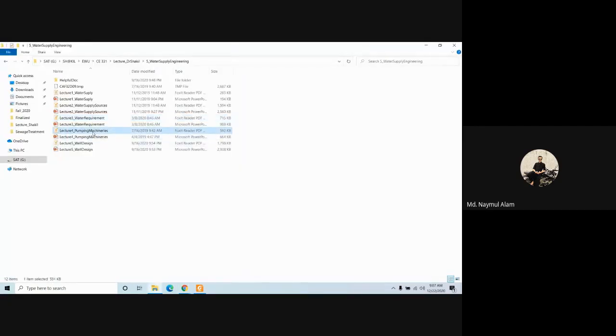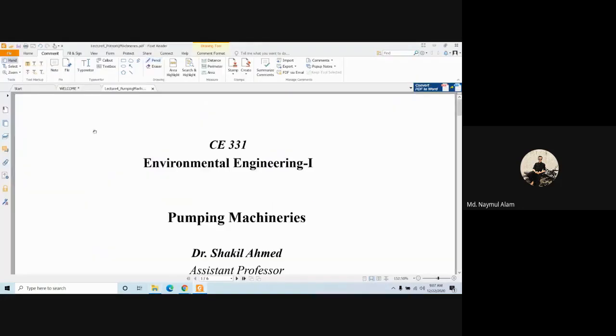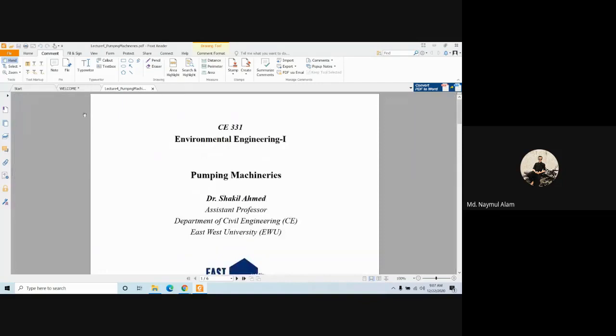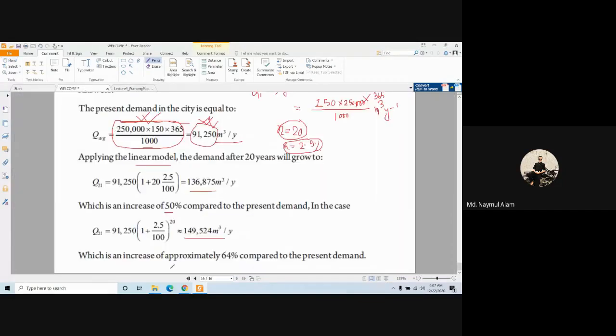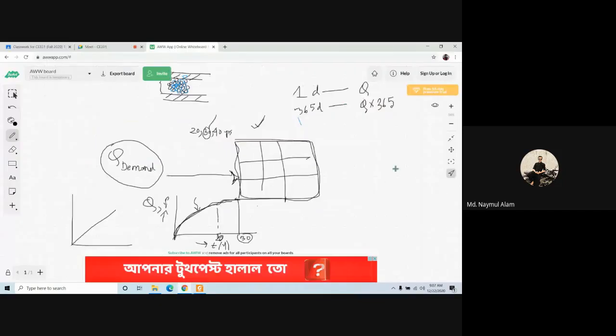Now that's the end of the water requirement. Sir, why is the exponential graph used? Why not the linear one?